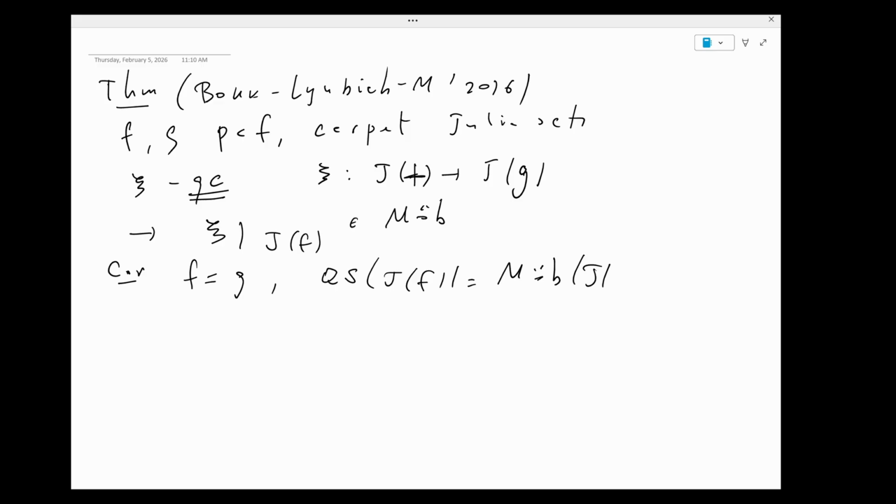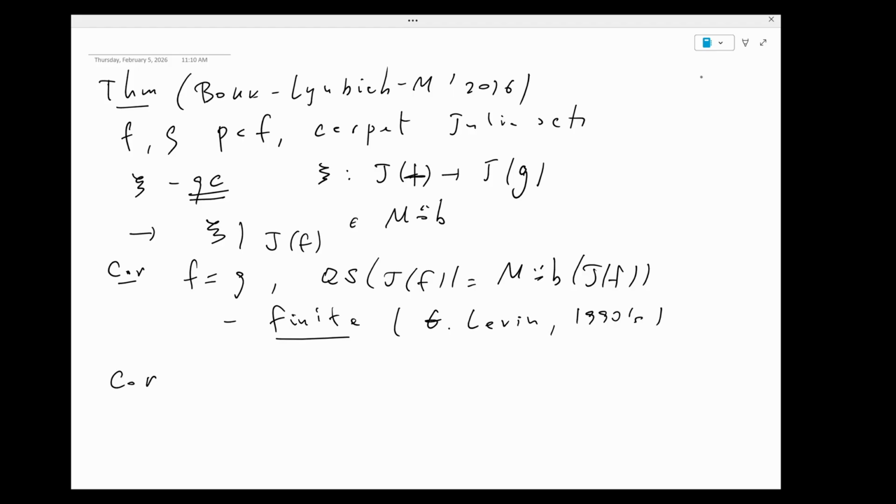This is what we proved. And in particular, this is finite. Finiteness is an older result by Genadi Levin from the 1990s.